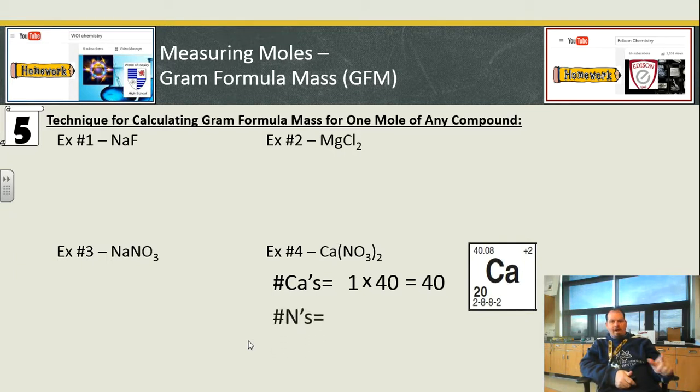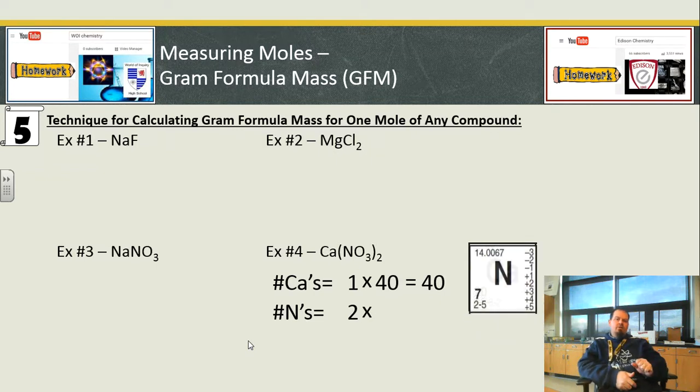Here, though, I have to back distribute that subscript, and I have 2 N's. NO3 twice. So if I write NO3, NO3, notice there'd be 2 N's. So now I take 2 N's, multiply it times 14, and I get 28.